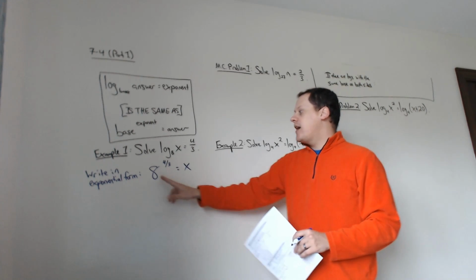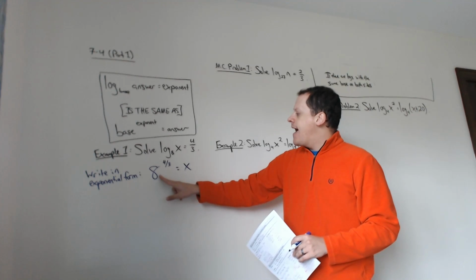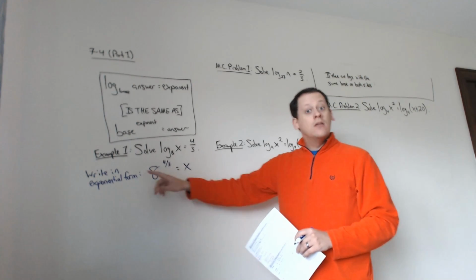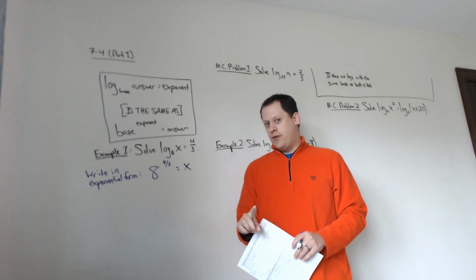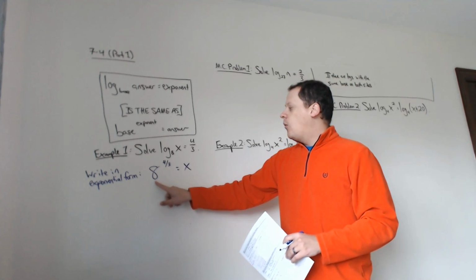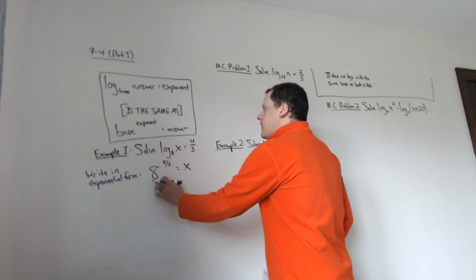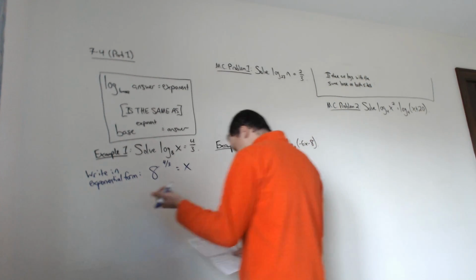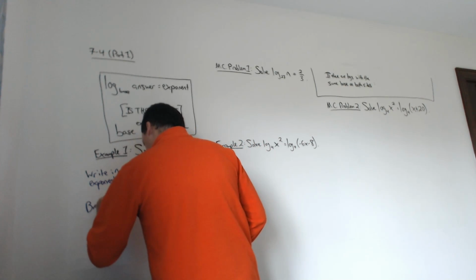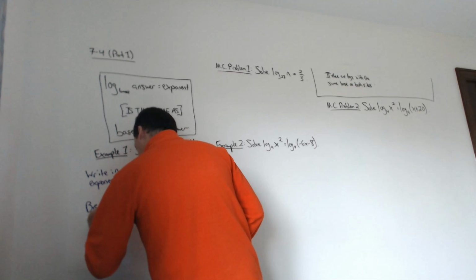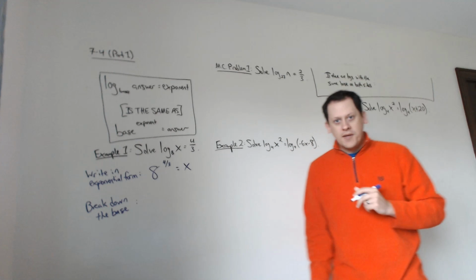We could write this in radical form and write it as 8 to the 4th power, the cube root of that. But there might be an easier way to do this. What if we could break down 8? How does 8 break down? So we are breaking down the base here.